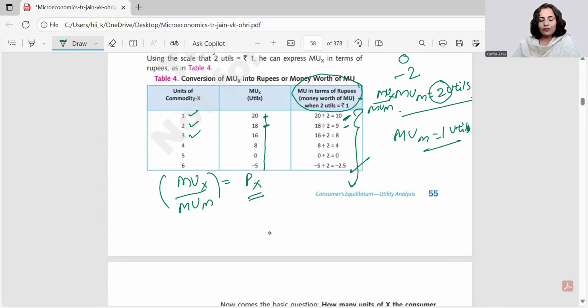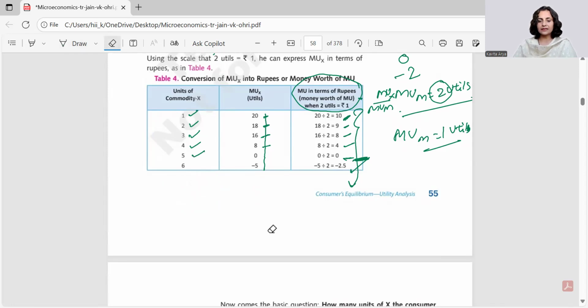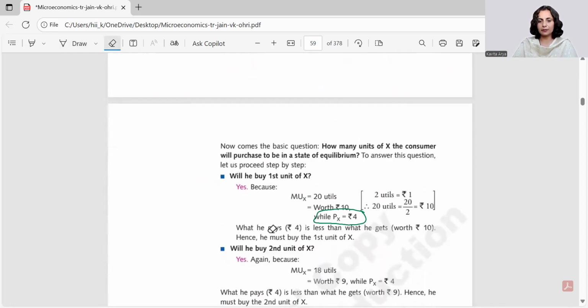You would still go for it because it's worth rupees 8 and you're willing to pay 4 for it. Then again you would go for it. You would also buy the fourth unit because you are getting it for the worth of rupees 4. Let's understand this with the explanation given below.